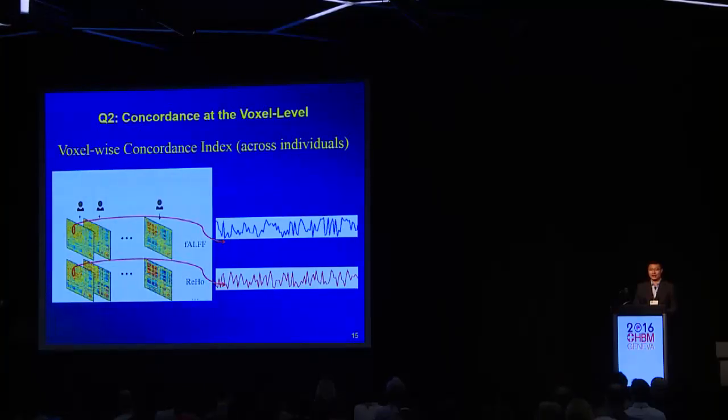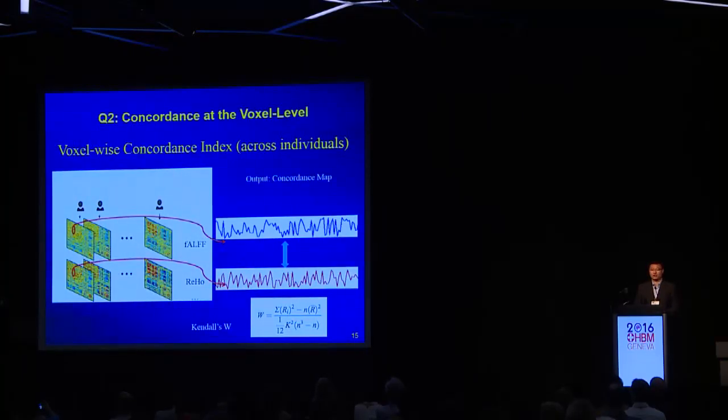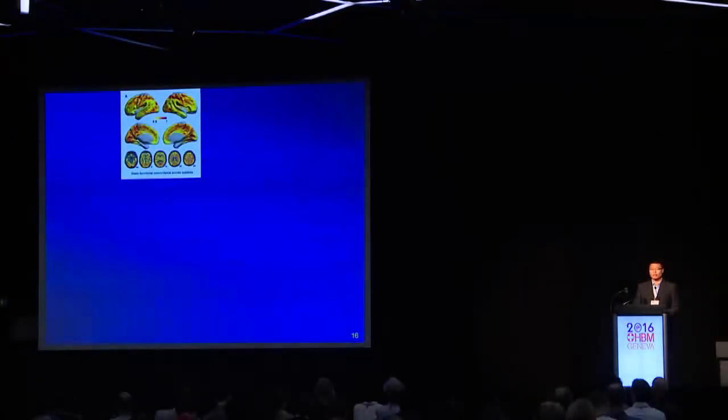So we have 5 series, and we can calculate the concordance using Kendall's W. So we can define a concordance map across subjects. Basically, in this concordance map, we see very high concordance in the gray matter voxels. All the cortex has very high concordance, but the white matter and CSF have very low concordance.